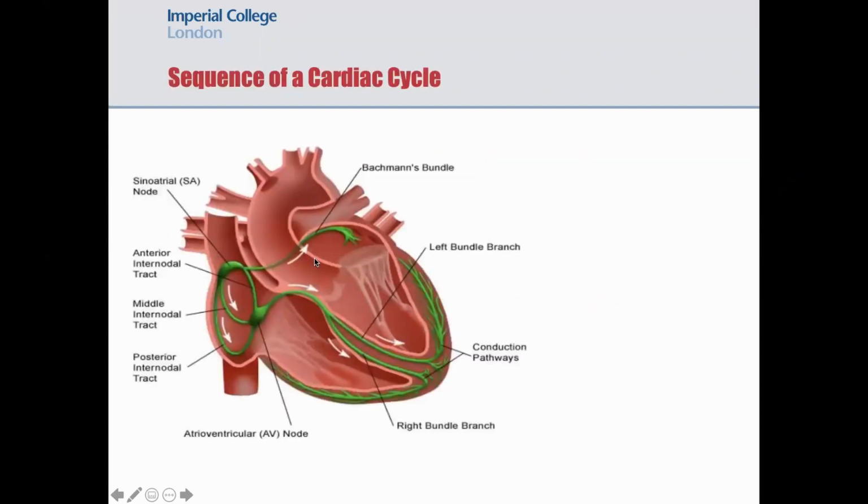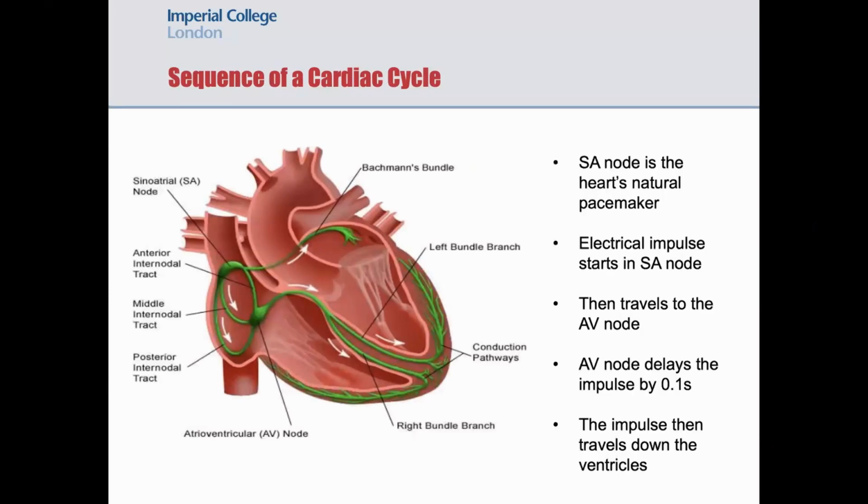Okay, so to be able to understand ECG, you need to first go through the sequence of a cardiac cycle. I'm sure this is very basic, but we'll just recap it. Your SA node in the right atrium is your heart's natural pacemaker. If you remember back to year one, the funny current starts off the whole electrical current in the cardiac cycle, and that travels to your AV node.